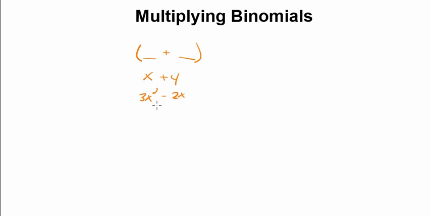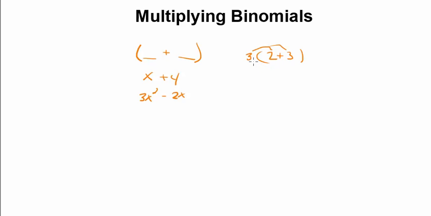That's a binomial. The second thing, multiplying binomials really revolves around the distributive property. The distributive property simply says that when you have a quantity that's being added or subtracted, you can take some scalar times that quantity by multiplying it by the individual parts of that quantity.